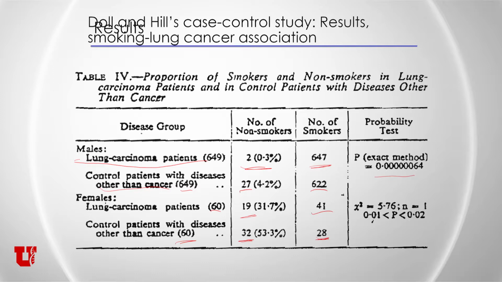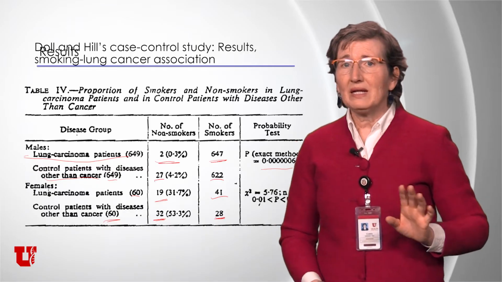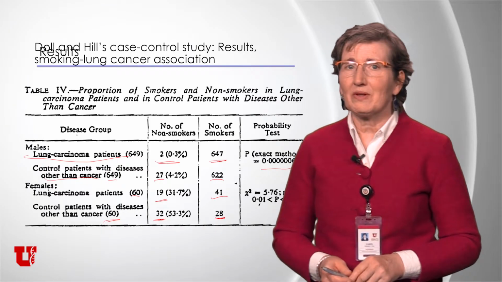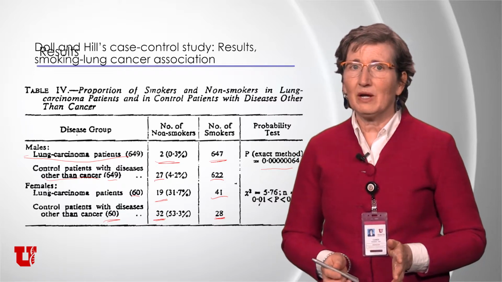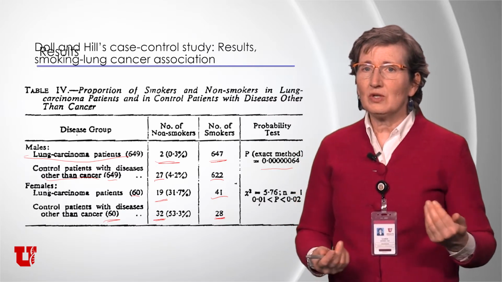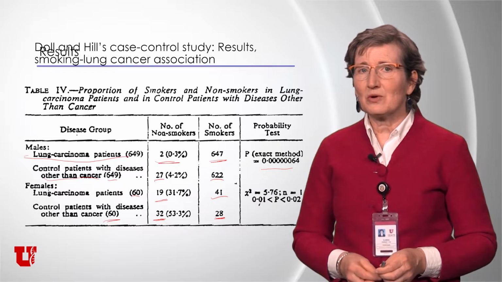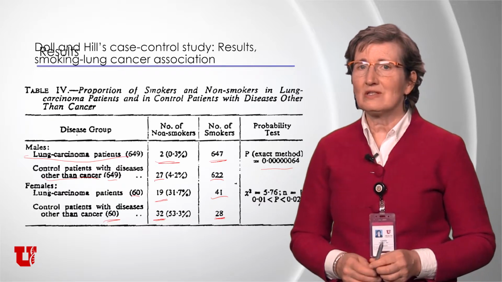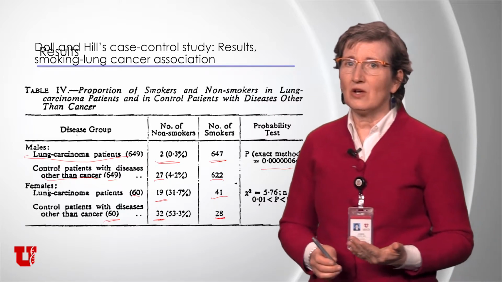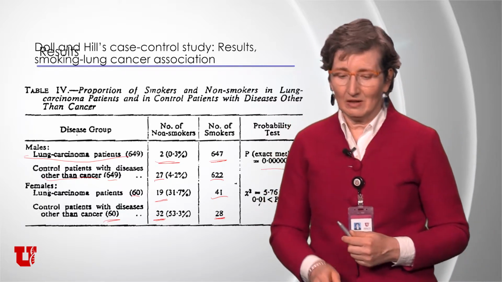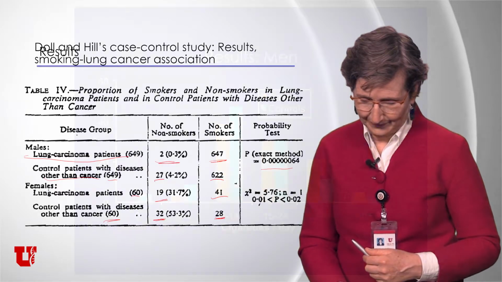For the females, just because the size of the study population is smaller, statistical significance is not as strong. But again, that's the evidence, and this is one of the very first studies rigorously conducted making this comparison. So the message, to get you motivated for this course, ask yourself, how convinced would I be by these data? What would it take? What would I need to know to change my thinking about cigarette smoking and lung cancer?